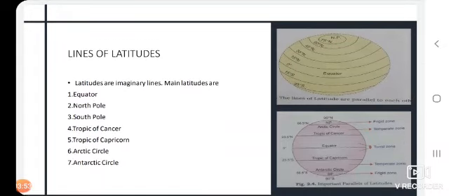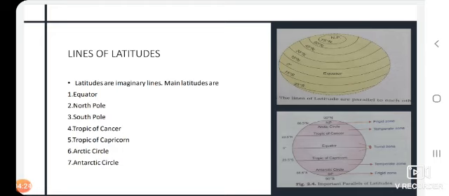Today we are going to learn the lesson latitudes and longitudes. So children, I have explained to you what the term geographic grid is. Geographic grid is nothing but the intersection of the latitudes and longitudes. As I have explained, latitudes are imaginary lines. They are parallel to each other.